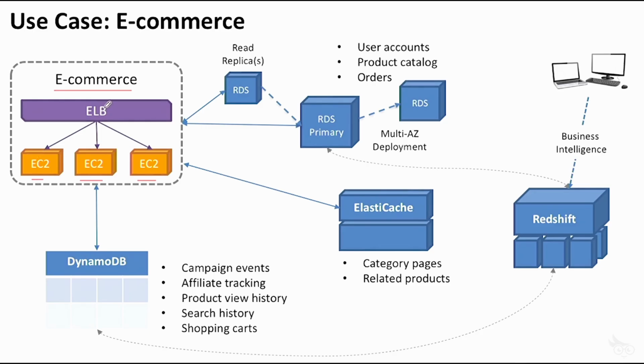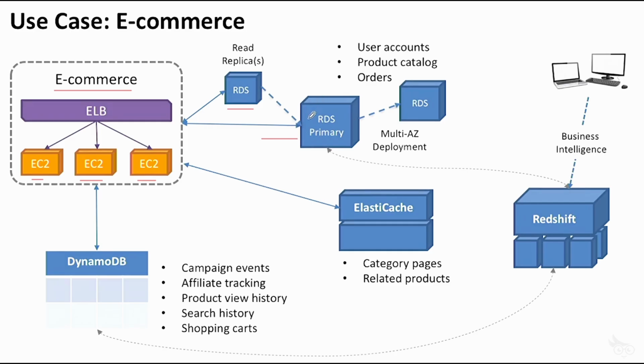Our e-commerce application will read from an RDS read replica, which is really easy to create. It's essentially just a few clicks of the mouse and you have a read replica in place. So by pulling our reads from our read replica, we can reduce the load on our primary and increase performance. All of our writes will be done to our primary RDS instance.